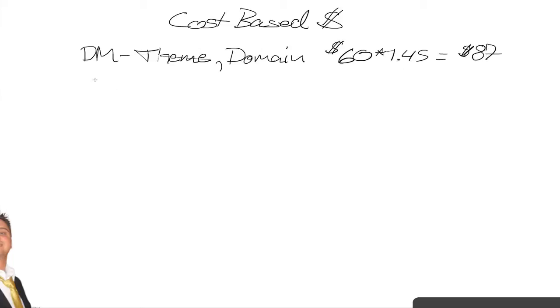Okay, the next thing we have is labor. This is your direct labor, and it's direct because it's the direct labor tied to this costing method. So let's say you're worth $40 an hour. Now this could be based on opportunity cost. What else could you be making if you weren't doing this?